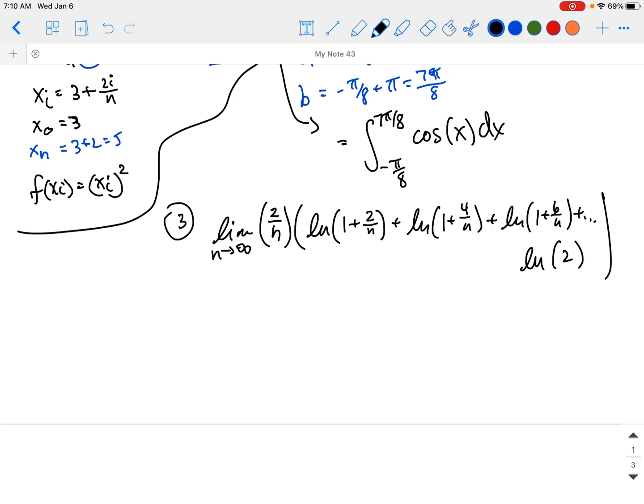So the question will be, what is the integral that's being described here?